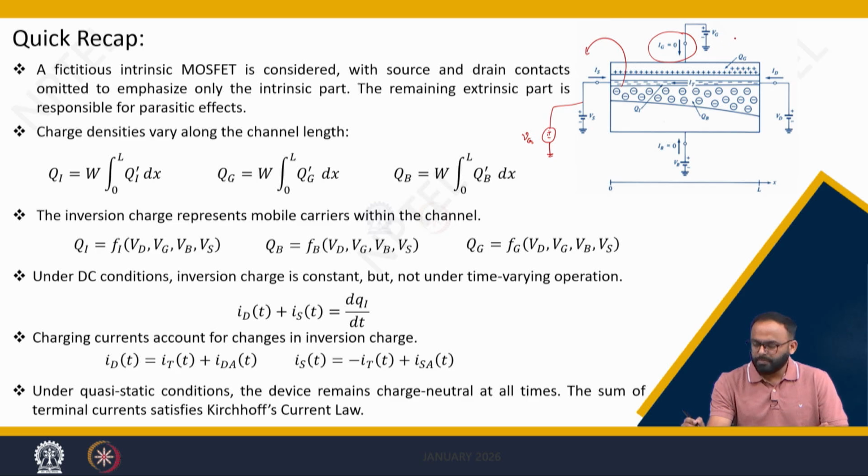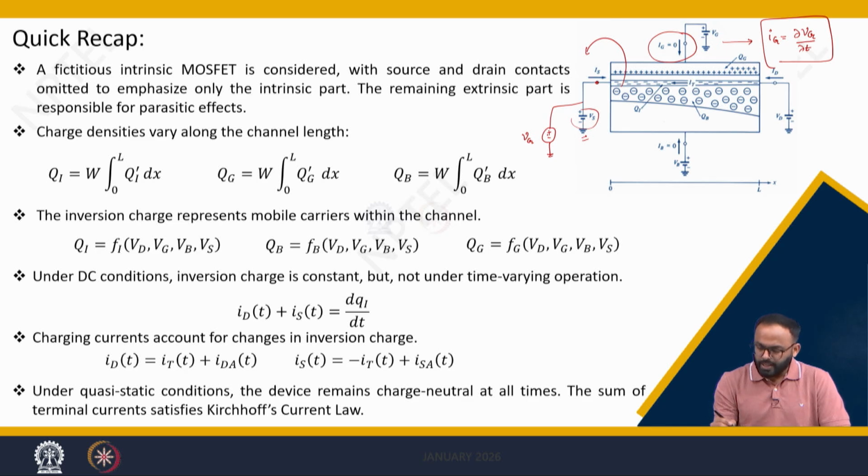We have taken an example that in the quasi-static operation, Ig, the gate current, is due to the change of gate voltage per time, which was not the case when we were discussing the DC analysis. We started our analysis by considering a fictitious MOSFET, removing the source and drain side, and we said that all the terminals are associated with a terminal voltage with respect to some reference.